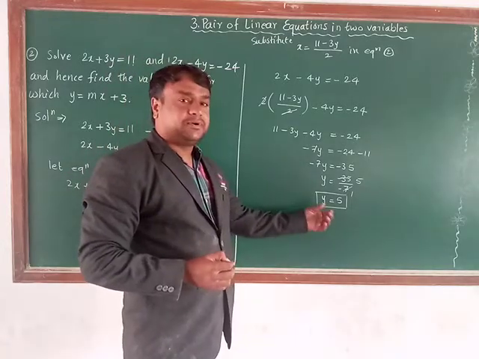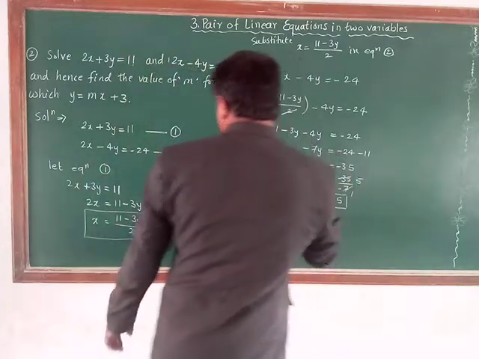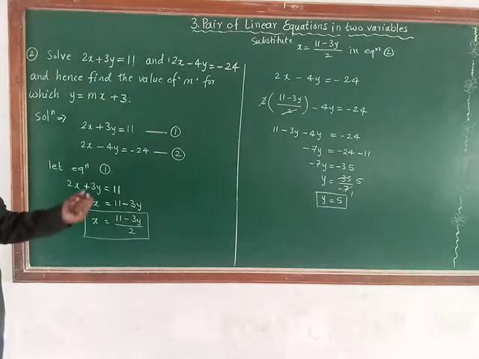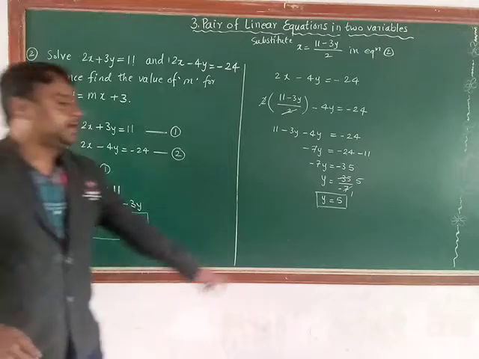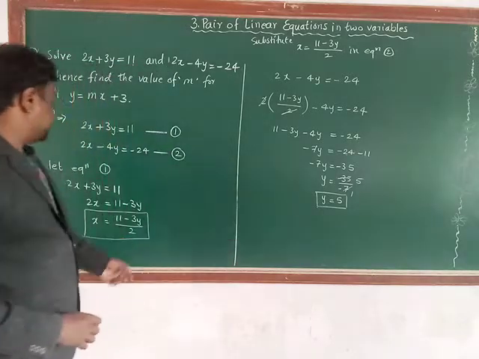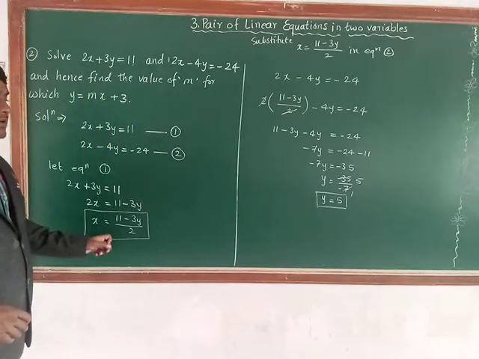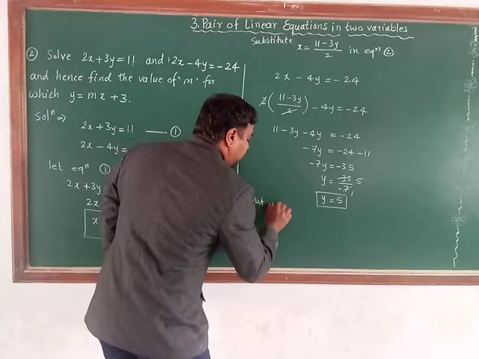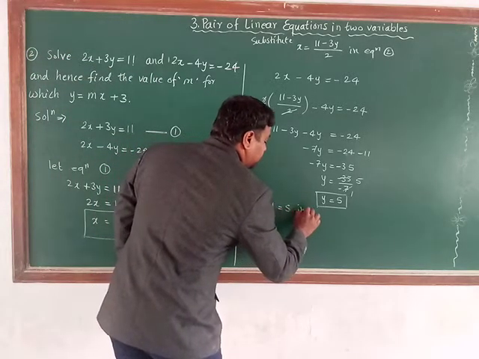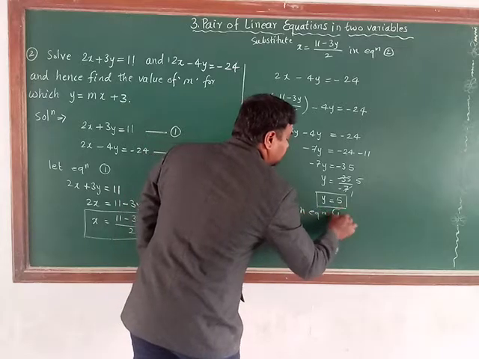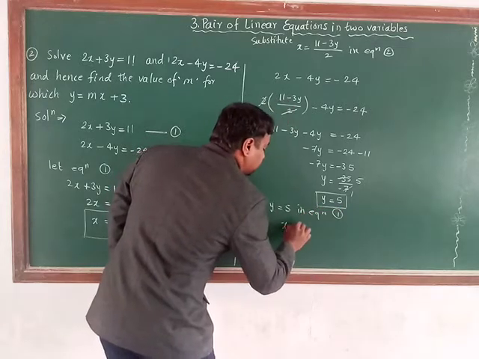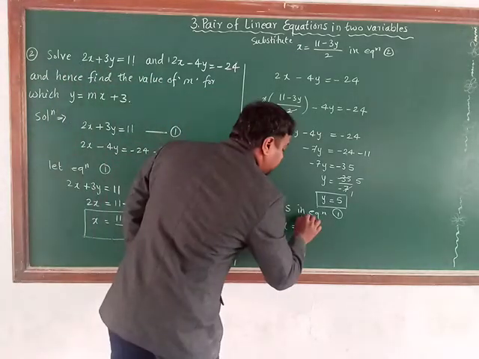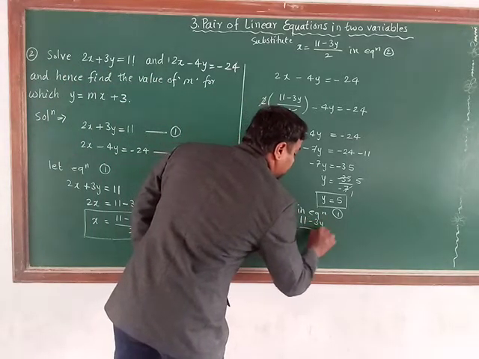Now I can put that value of 5 in equation 1 or 2 and find the value of x. Let's put y equal to 5 in equation 1. We already converted the equation to x is equal to (11 minus 3y) upon 2.